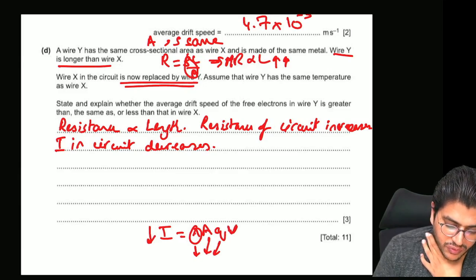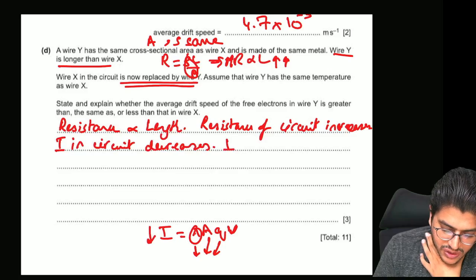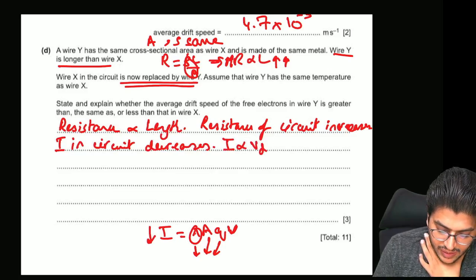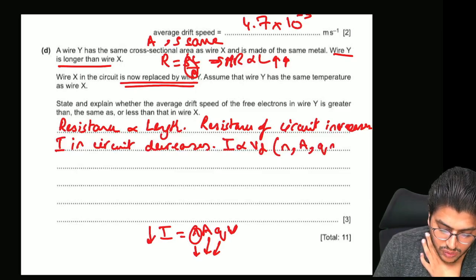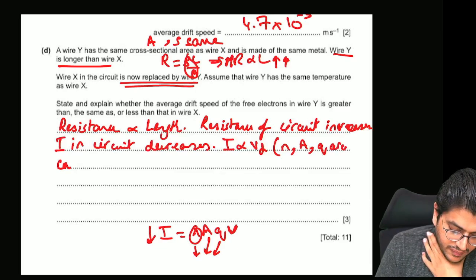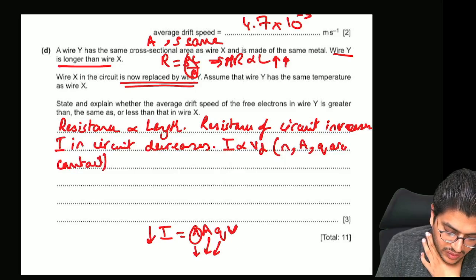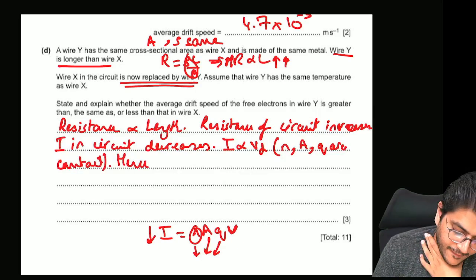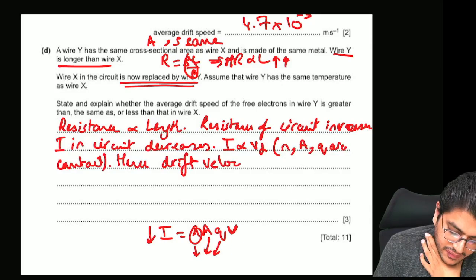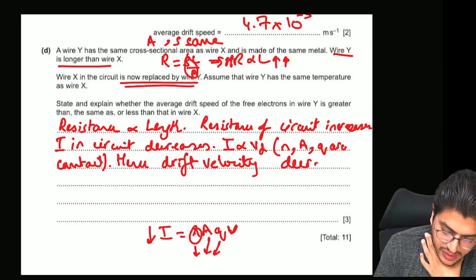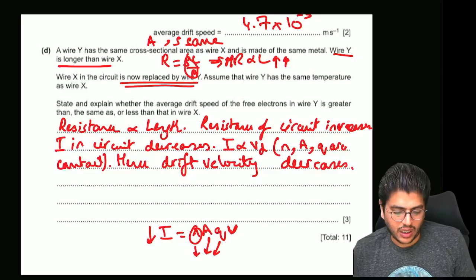So current and drift velocity have a direct relationship since current is proportional to drift velocity. And I can say that n, A, q are constant. Hence, the drift velocity decreases. I hope that this makes sense, and that is the end of this worksheet.